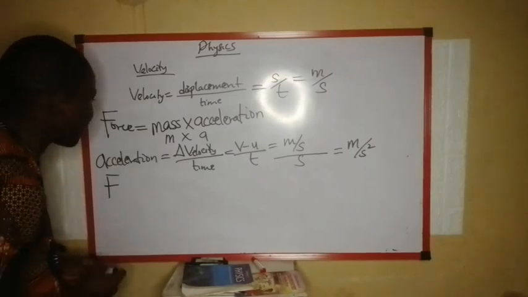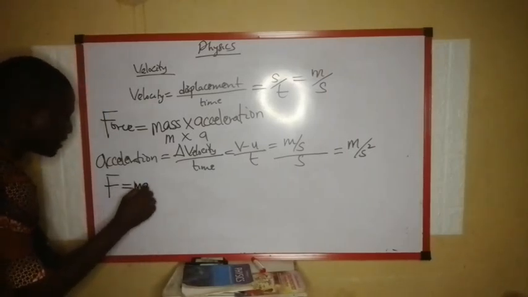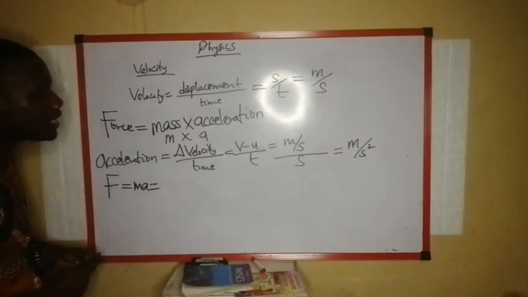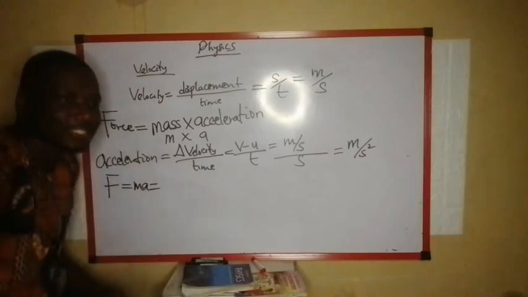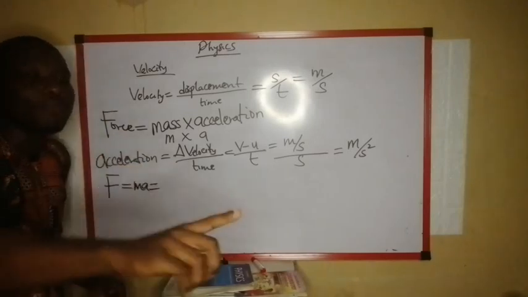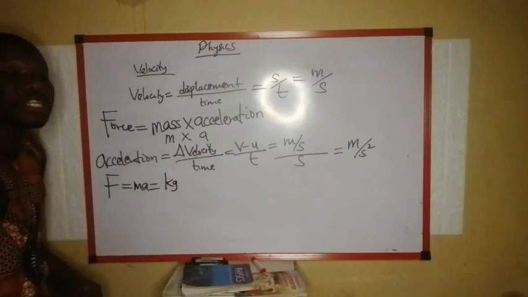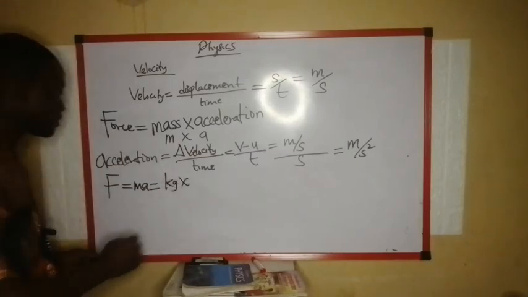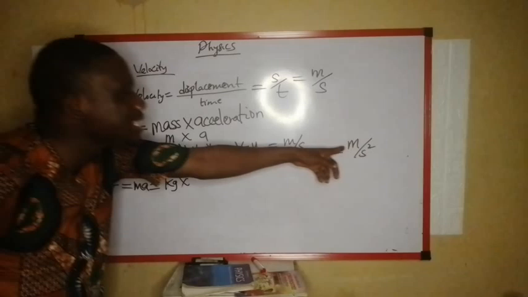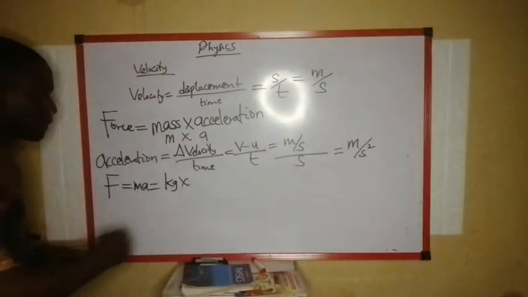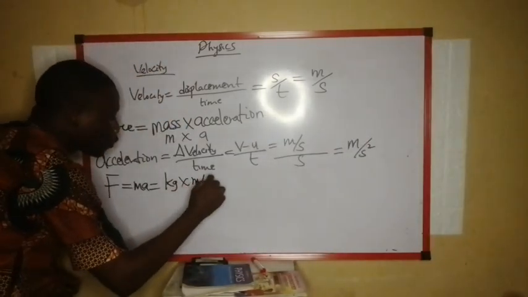So if we are going to classify force as mass times acceleration, we are going to take note that the unit of mass is kilogram. The unit of mass is what? Kilogram. Times the unit of acceleration, which is meter per second square.